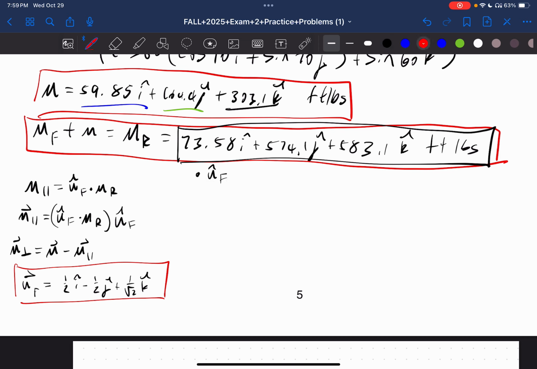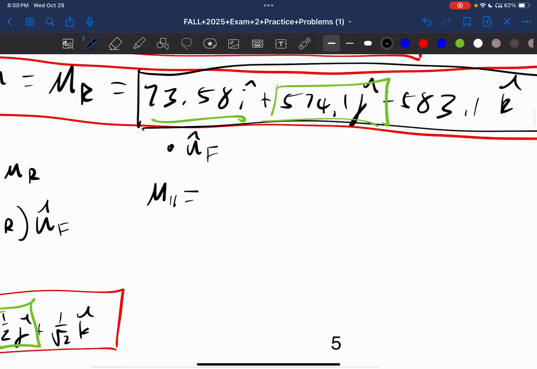So basically you would take this term multiplied by this term, plus this term multiplied by this term, forgot the negative, and then add them. You know how to do a dot product. I'm not gonna do that. Everybody knows how to do that.